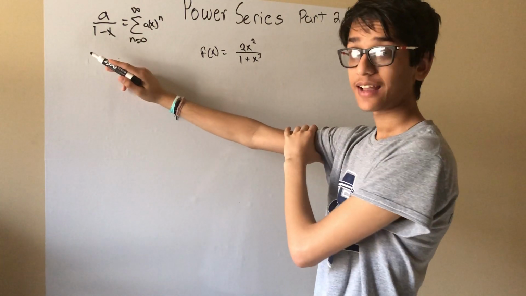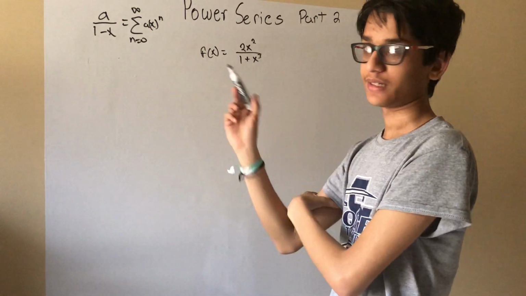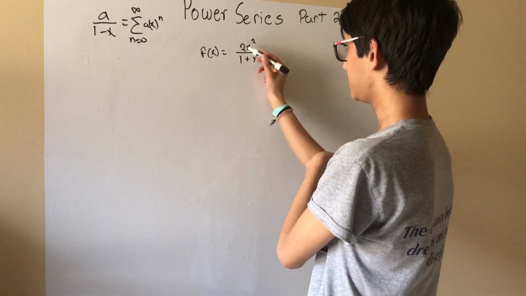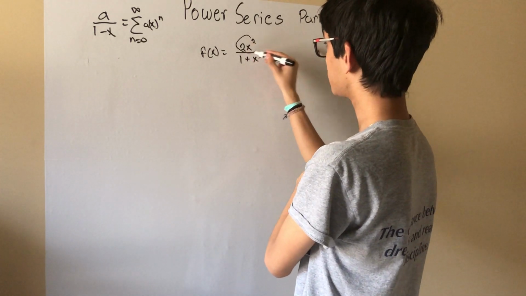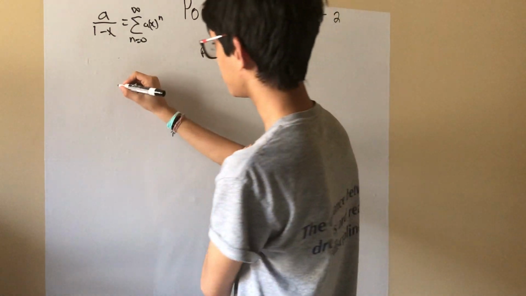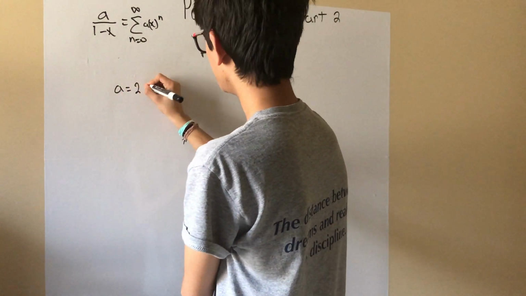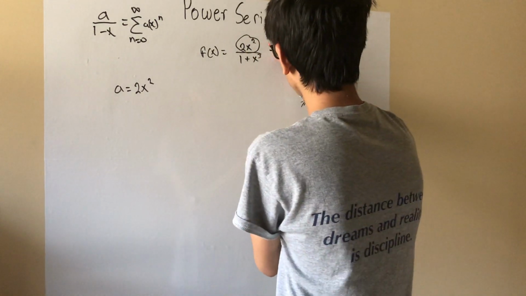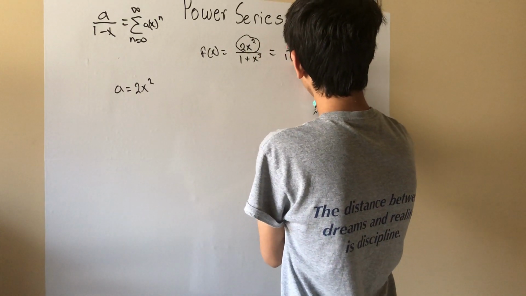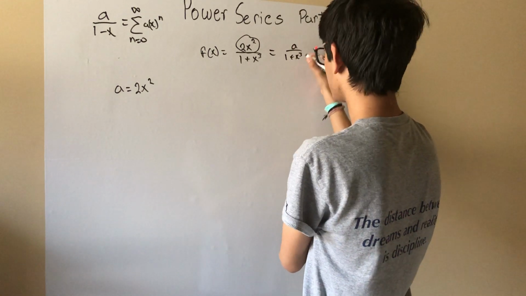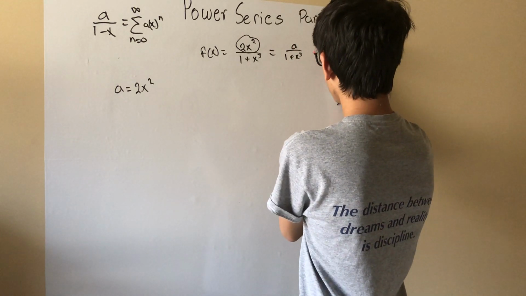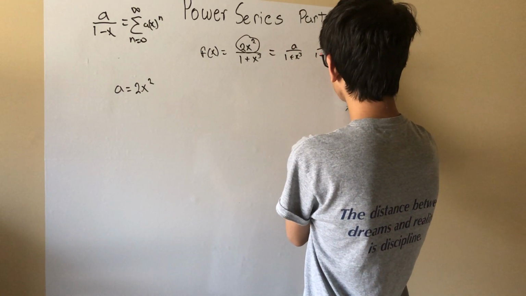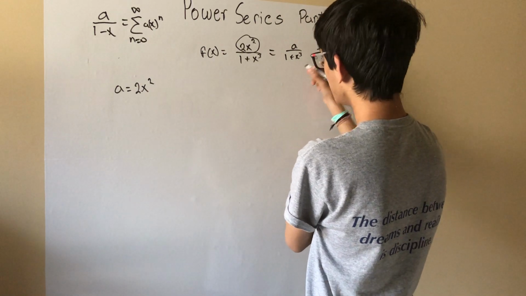It could include an x if you want, it could include anything, right? So this 2x squared is just your a. So let's write that down. A equals 2x squared, right? And now you're left with a over 1 plus x cubed. We just solved that, right? So it was a over 1 minus negative x cubed.